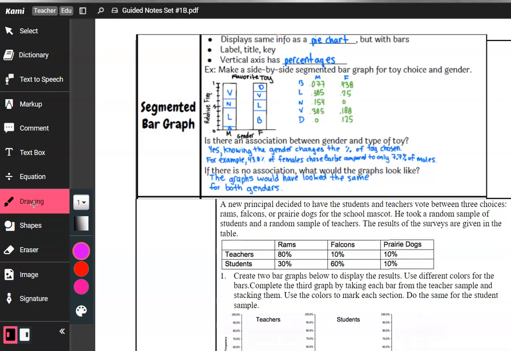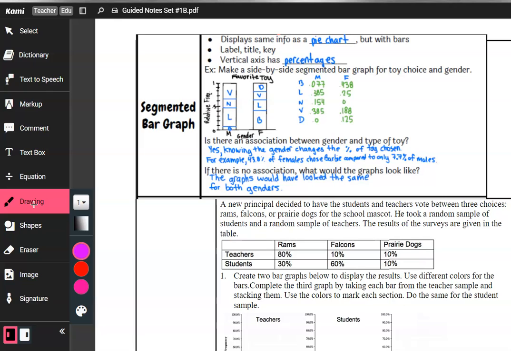Okay, now for segmented bar graphs. Segmented bar graphs are similar to pie charts. This displays the same info as a pie chart, but now with bars. So instead of a circle, now it is bars stacked on top of each other, and the sizes still matter.